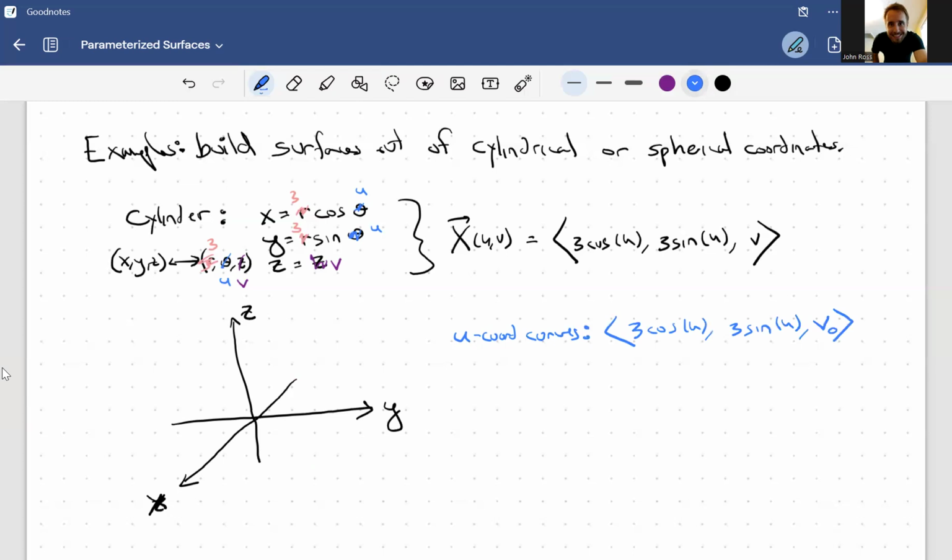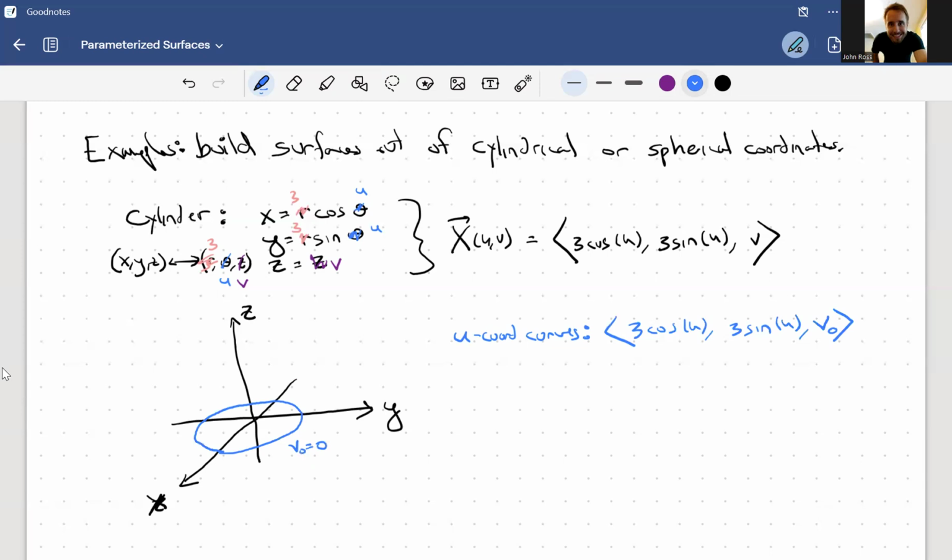And so for a given v naught, let's say v naught equals 0, what we're going to get is 3 cos u, 3 sine u, 0. And that is just going to be the circle of radius 3 positioned at height 0. And so we might get something that kind of looks like this for our v naught equals 0 coordinate curve.